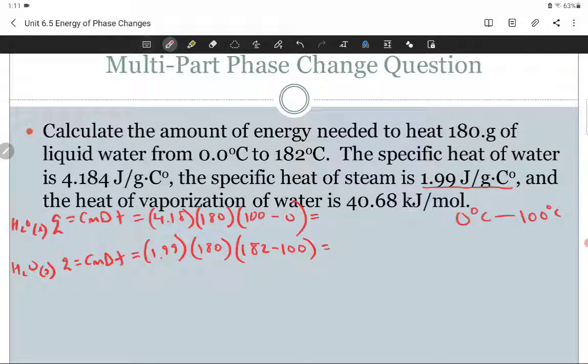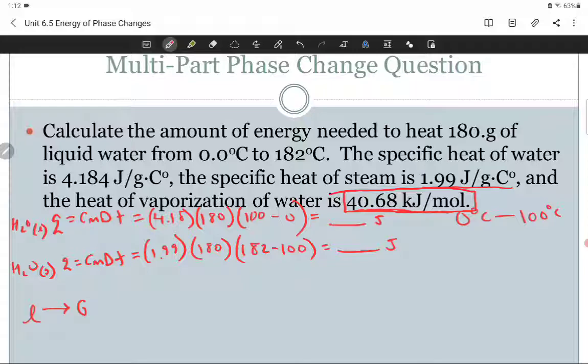But here's what we forgot about. There's also energy associated with breaking the bonds to go from a liquid to a gas. And that's going to require us to use the vaporization of water. By the way, this answer is going to be in joules, but this is in kilojoules.